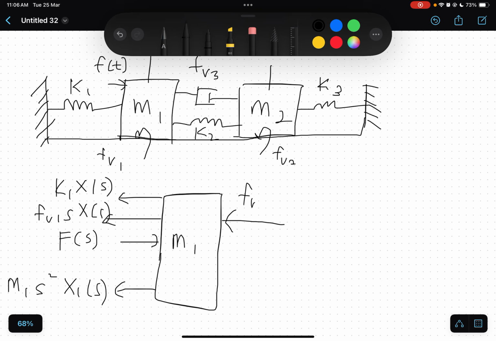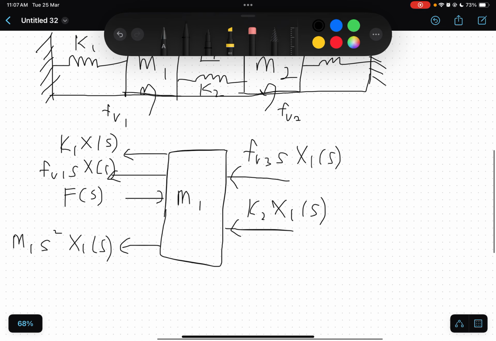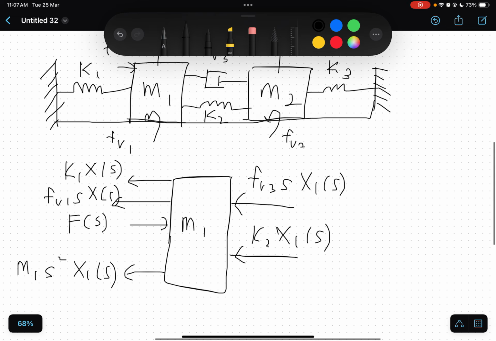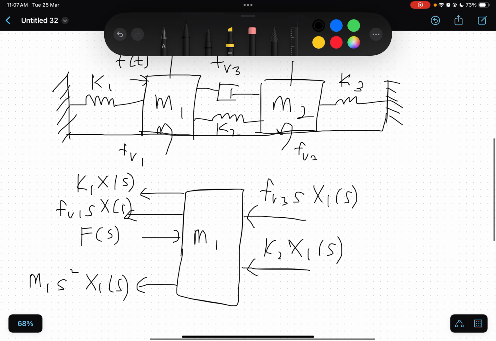So this is FV3 S X1S, and also the effect of the spring K2 X1S. So this is the free body diagram for M1 only due to the motion of M1, where the movement of M2 is not taken into consideration.